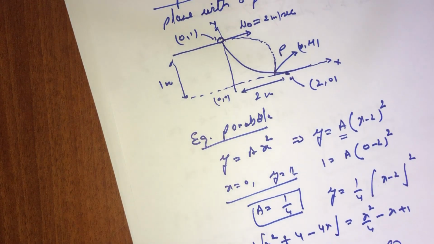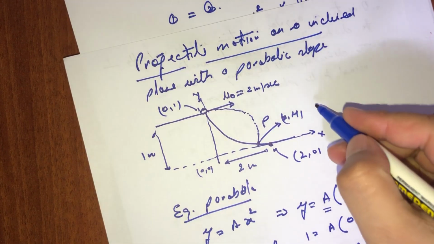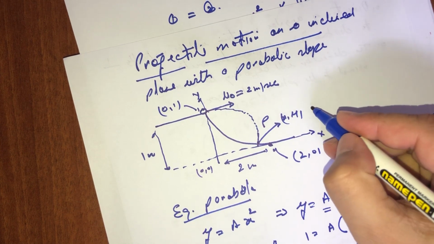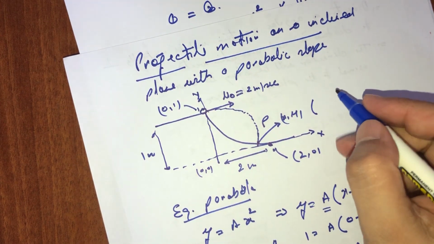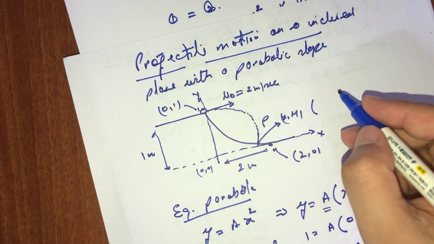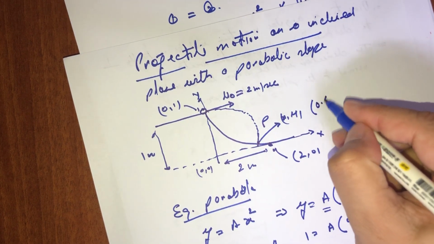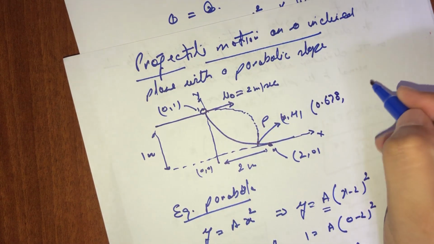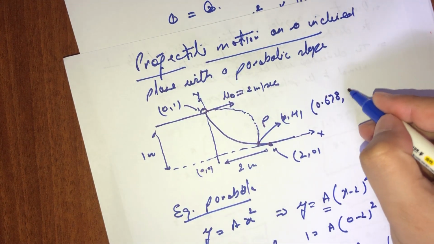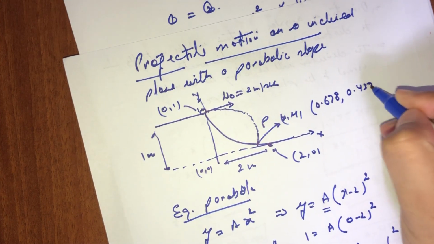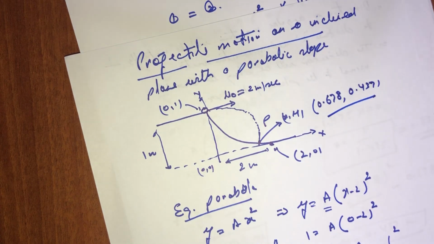So we found out the coordinate of point P, which comes as the value of x is 0.678 and the value of y is 0.437. Thank you.